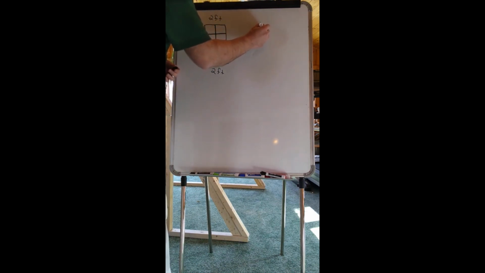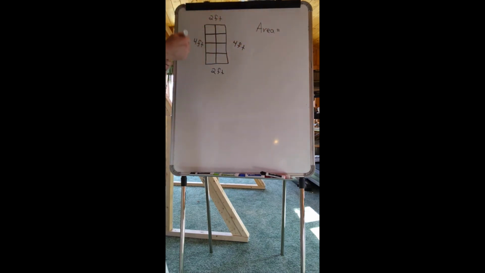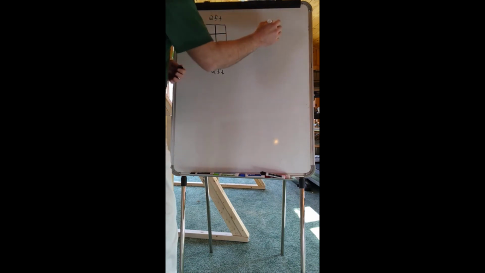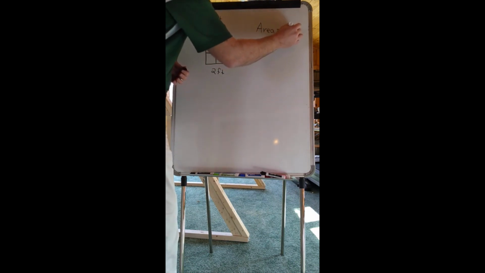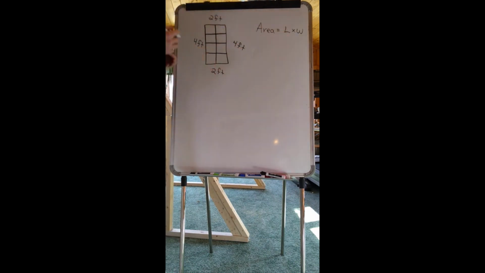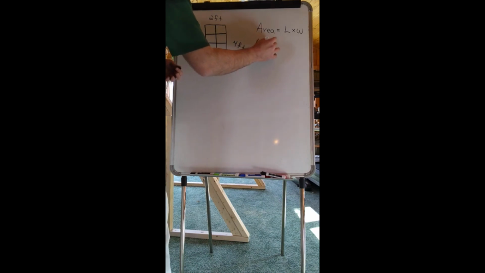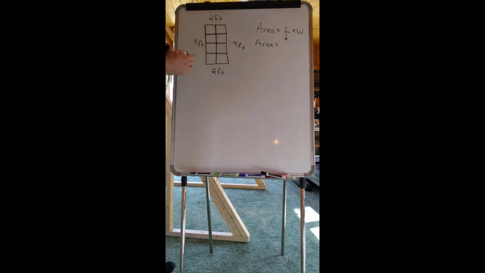So the area for any rectangle or square can be determined by multiplying the length by the width. It sounds complex, but it's a very simple multiplication problem. So area, let's break it down. Area equals length. Now we look over here, oh yeah, our length was 4 feet.